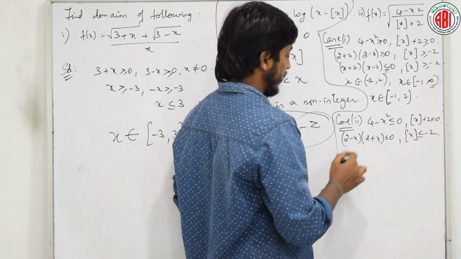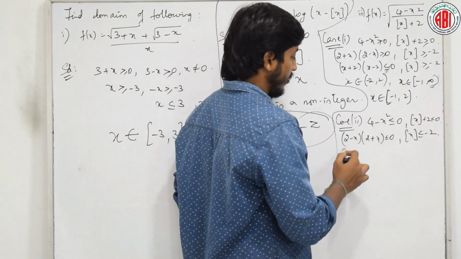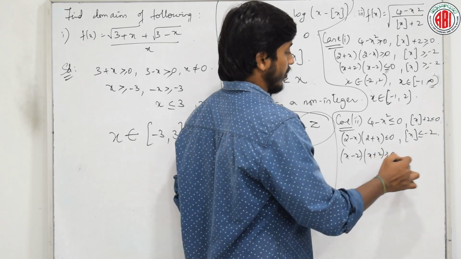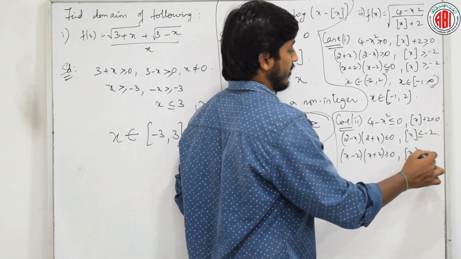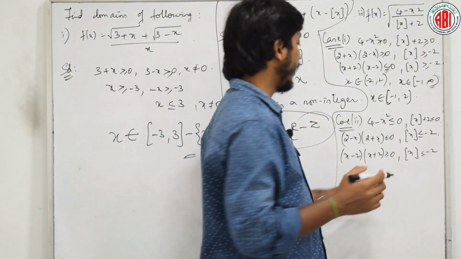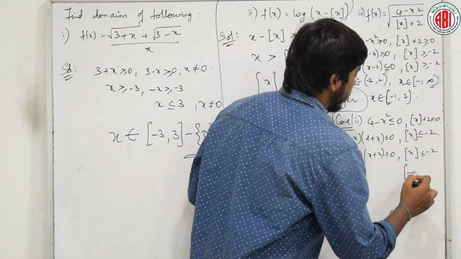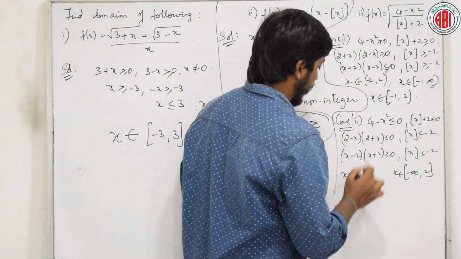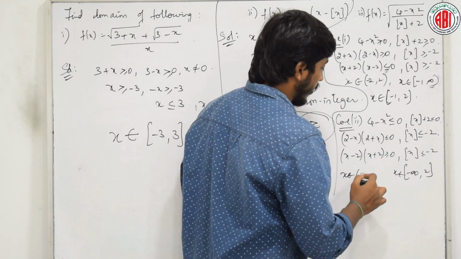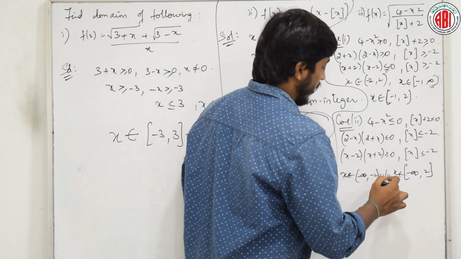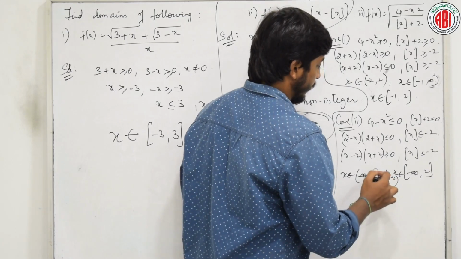Therefore, again I have to take common (x - 2)(x + 2) >= 0, and here it is mod x <= -2. Isn't it? Then it will be (-infinity, 2) here, and here x belongs to (-infinity, -2] and [2, infinity).